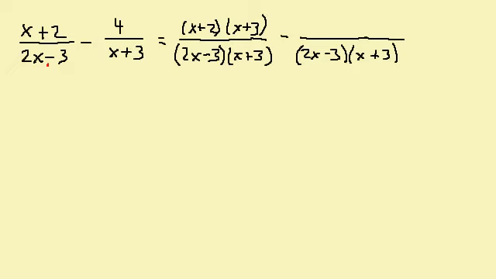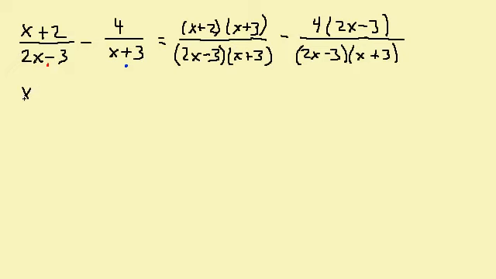Okay, next, what do we need to multiply to this denominator to get our common denominator? Well, you can see that's 2x minus 3. So I'm going to multiply the 4 by 2x minus 3.